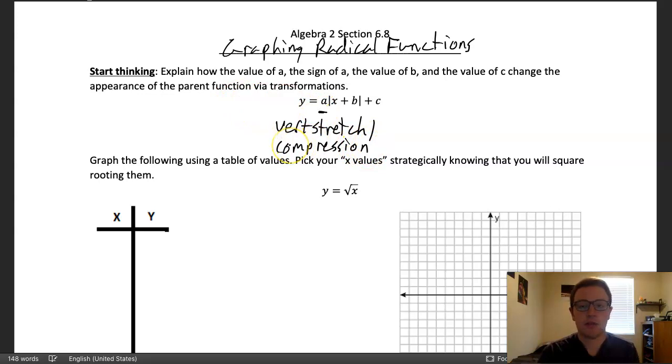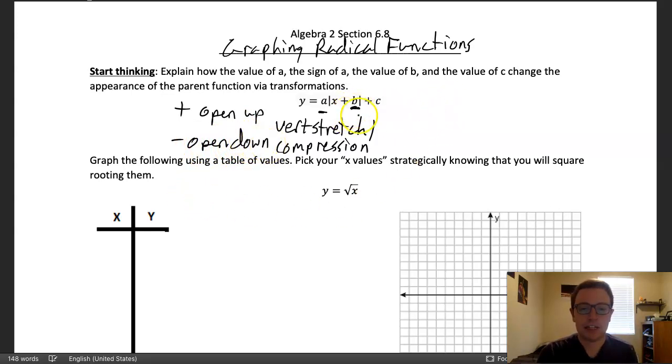It also tells us whether our function opens up or opens down, whether it's flipped or whether it opens regularly. If it's positive, we open up. If it's negative, we open down.